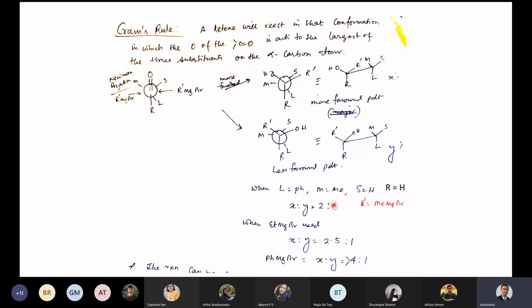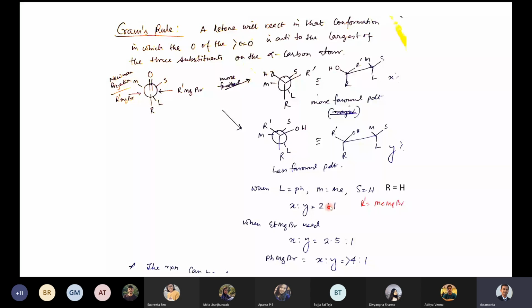So the distinction or the preferential attack is in this ratio 2:1. So this is 2 and this is 1. So the major product, the favorable product is in the 2 and this is in 1.